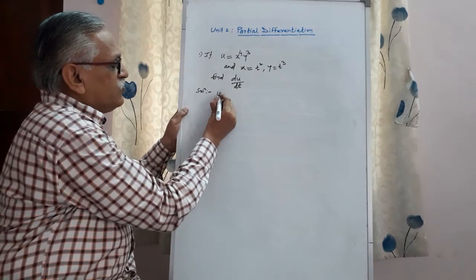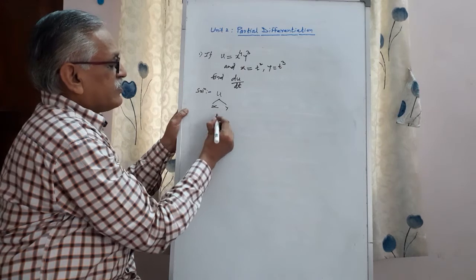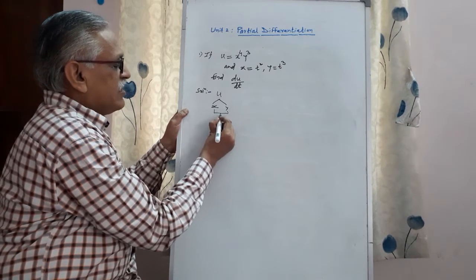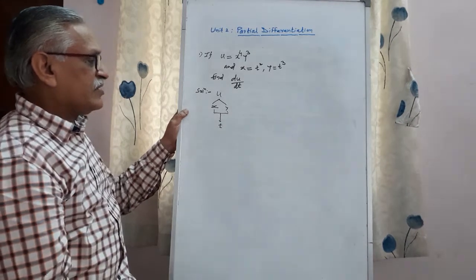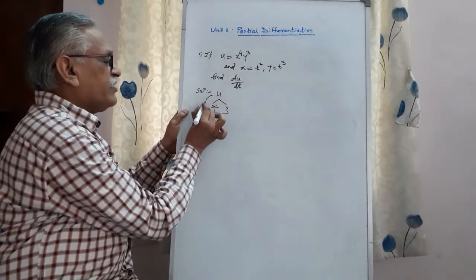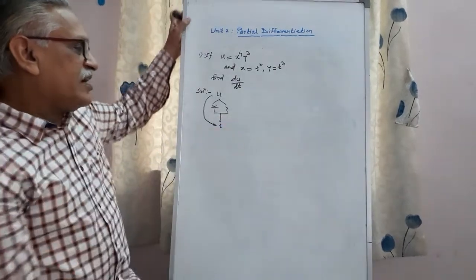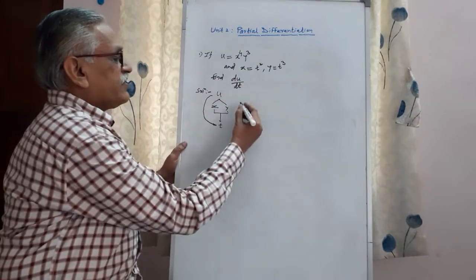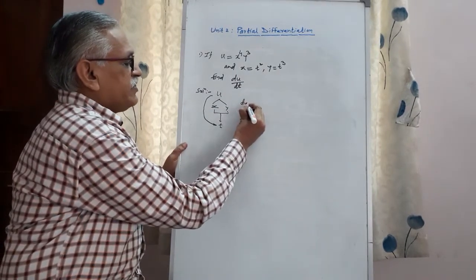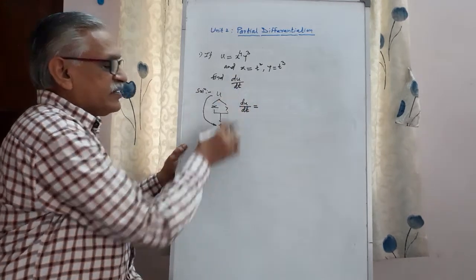Here u is a function of two variables x and y, and these x and y are functions of variable t. Then we require the total derivative of u with respect to t, as I had discussed earlier while discussing those formulas. We get du by dt, the ordinary derivative, that represents the total derivative here.